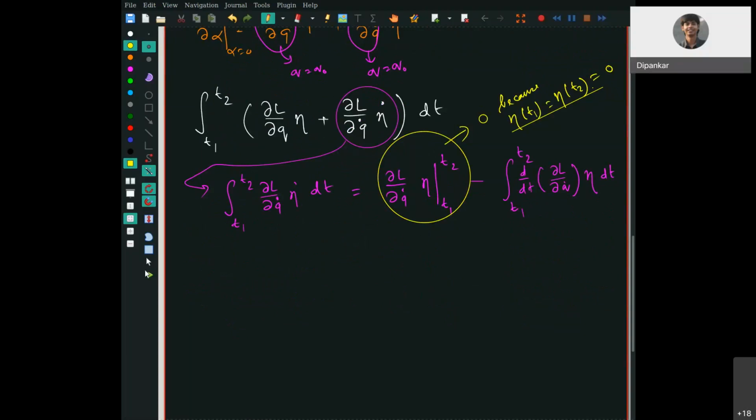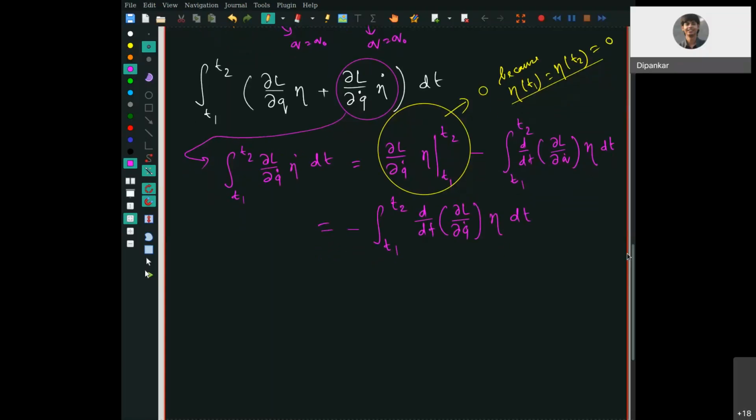So that's why the boundary term drops out, and only the second term survives. So I am left with this integration being equal to the integral from t1 to t2 of d dt of del L del q dot times eta dt.